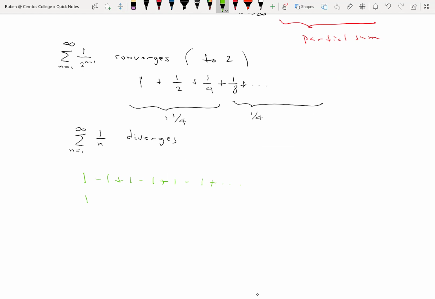If you add the next term, you get 0. If you add another term, you get 1. If you add another term, that is subtract 1, you get 0. So half the time the partial sums equal 1, and half the time partial sums equal 0. So this series does not approach a single number, so it diverges.